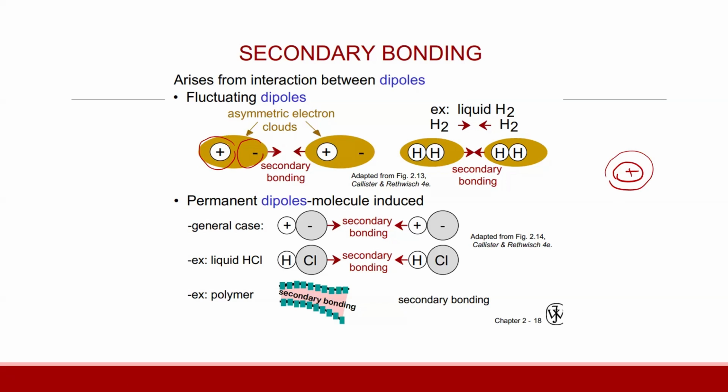This is not always staying like this, but because of the random movement, they have dipoles. When we have dipoles, they have weak attractions or repulsions. This will be called secondary bonds. Are we good? Yeah. Okay.